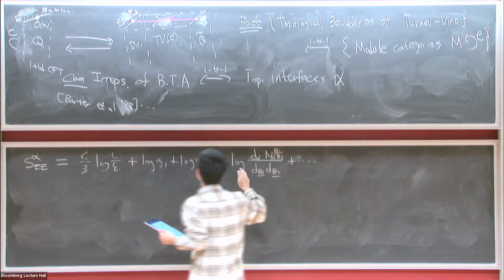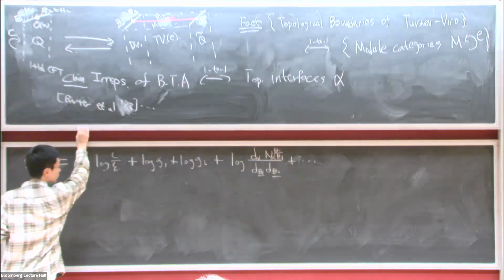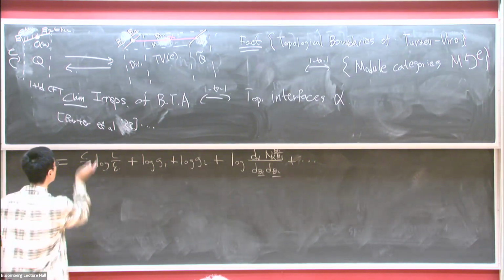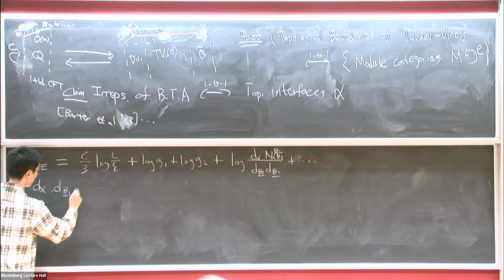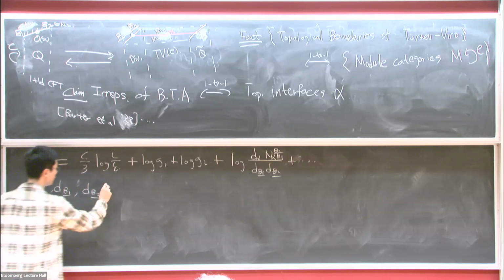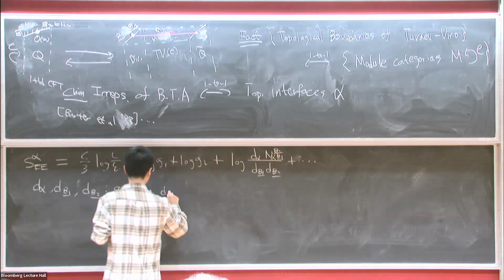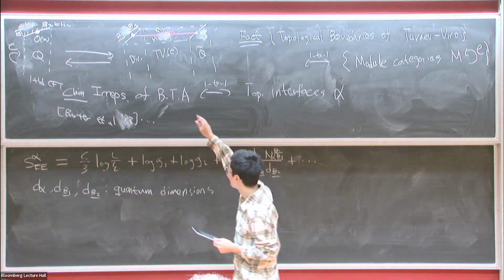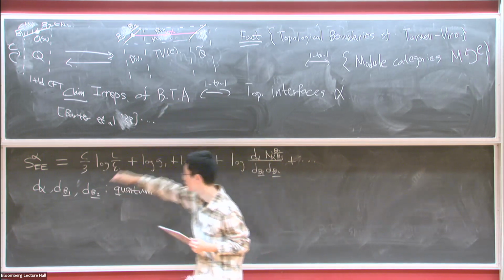Let me just explain briefly what these numbers mean. There are some real numbers called quantum dimensions. In the TQFT picture, this alpha is a topological interface between the M1 and M2 boundaries.